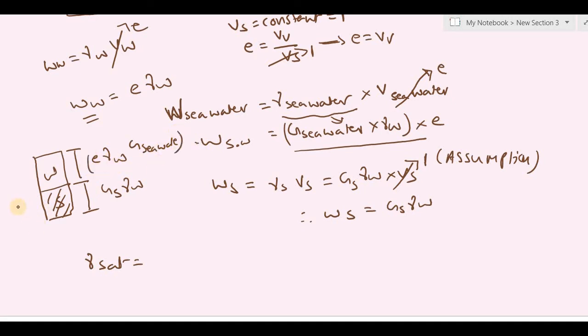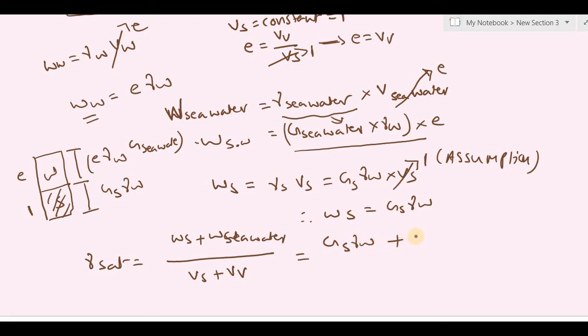Here Vs is 1 and the volume of water is E. So it is the weight of solids plus weight of sea water, by volume of solids plus volume of voids.